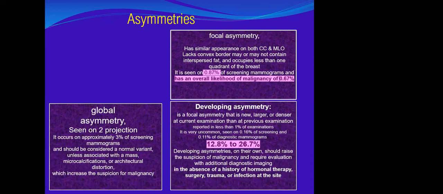The probability of cancer on screening mammography is about 12.8%, while in diagnostic it rises up to 27%. However, it is very uncommon, reported in less than 1%, seen in only 0.16% of screening and 0.11% of diagnostic mammography.